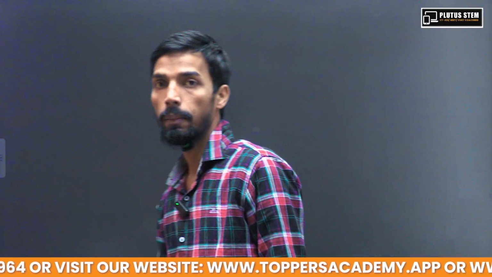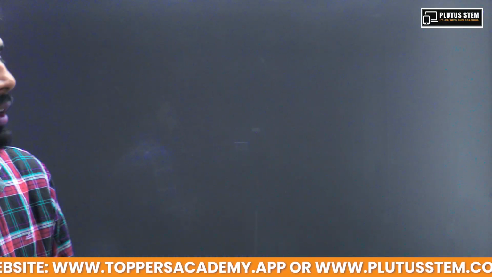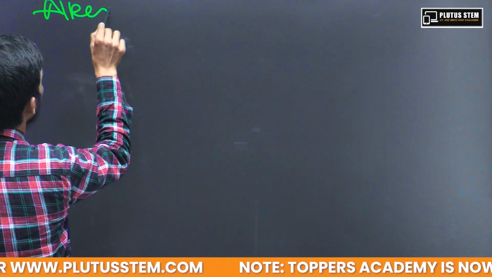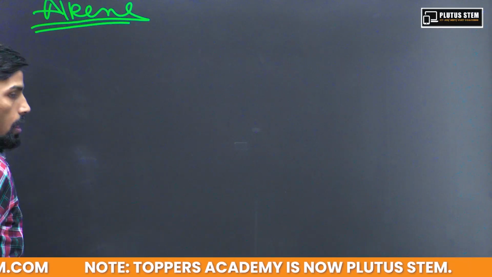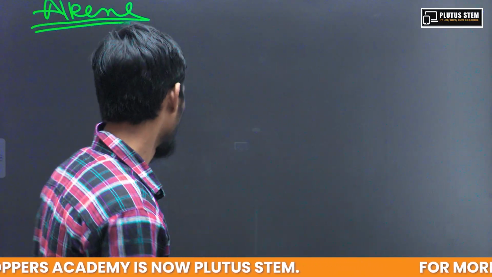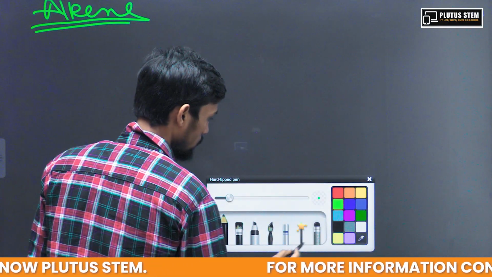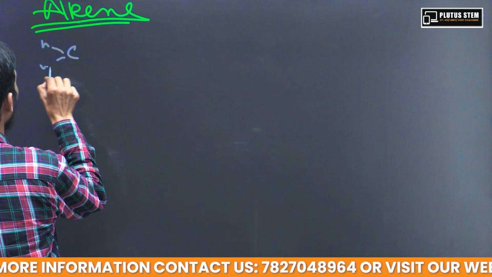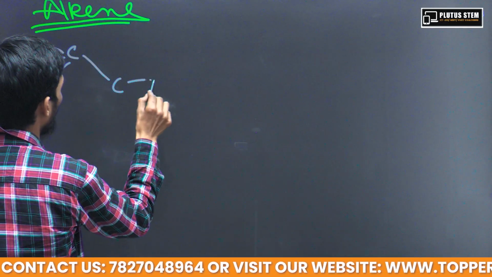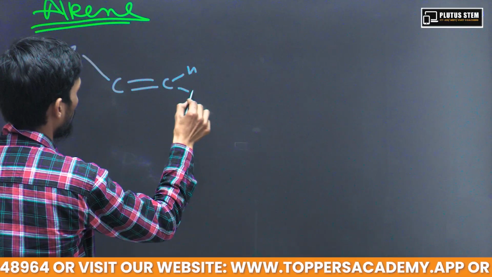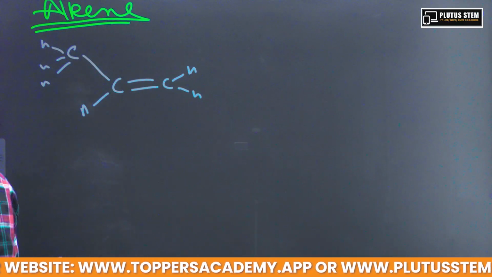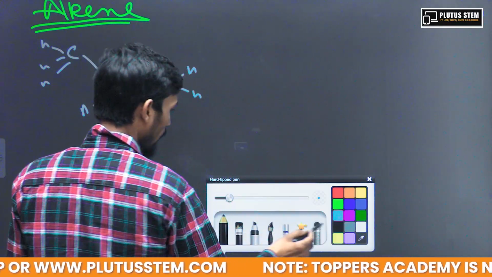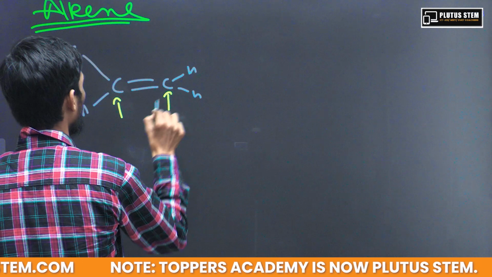And another system where we are going to generally see this mechanism is alkene. So if we are seeing an alkene over here, this is our alkene, and in this alkene, these two are sp2 hybridized carbons.